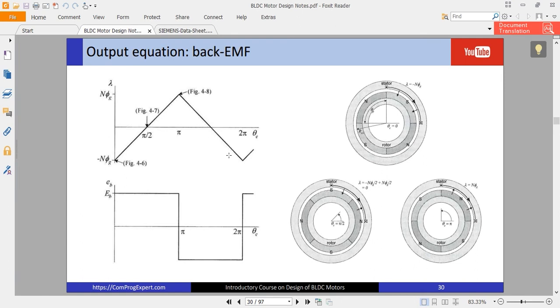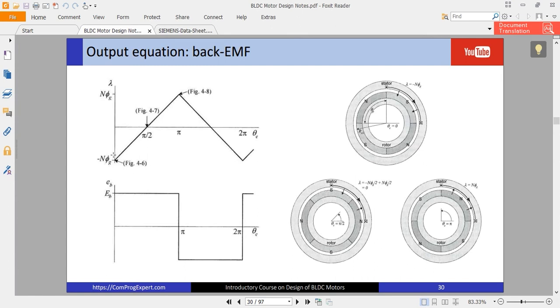It's very simple. So in the ideal case, if we neglect magnetic saturation, we have this triangular waveform, and as you know, the induced back EMF is the derivative of this waveform.